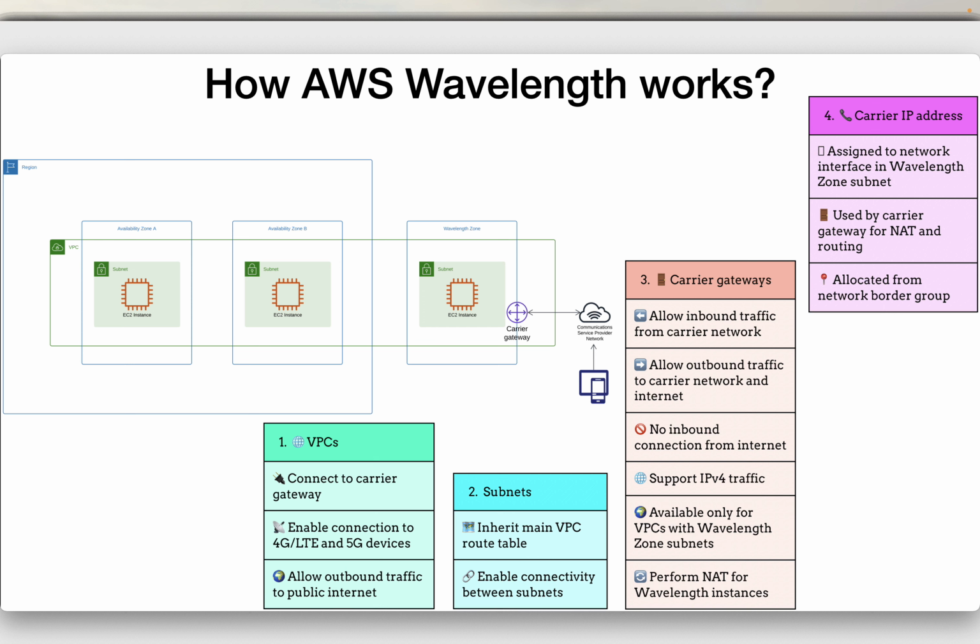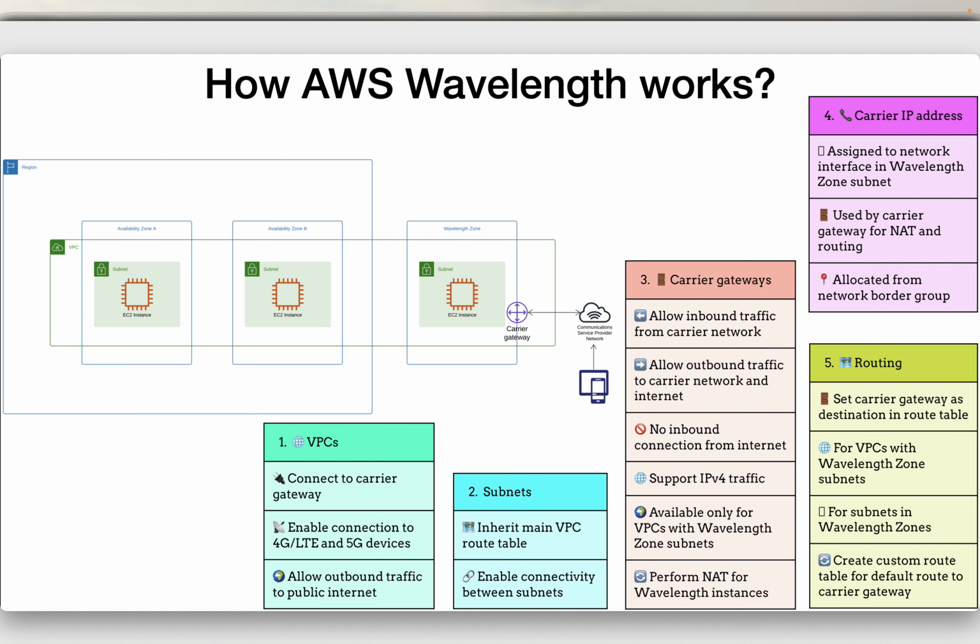So it has a very specific format in each availability zone and each wavelength zone, and from that network border group, it will advertise those addresses for outbound communication and for inbound communication from the communication service provider network.